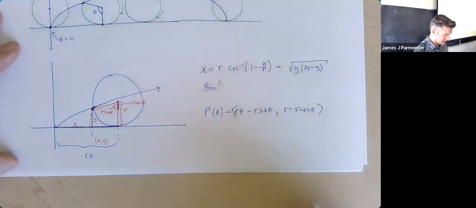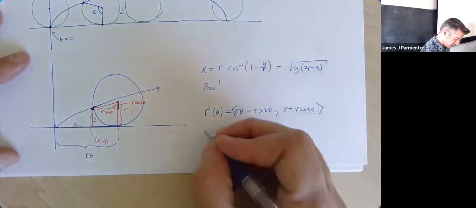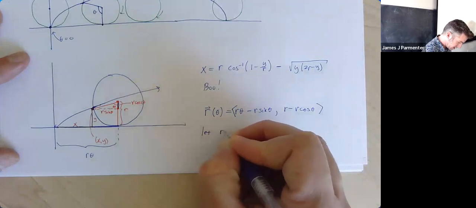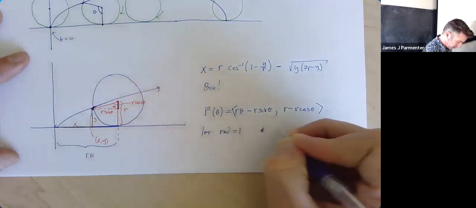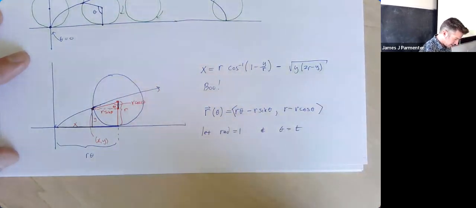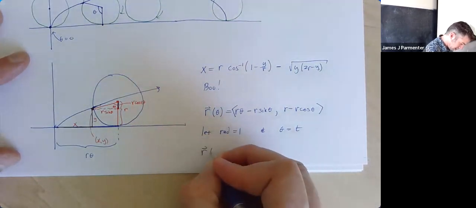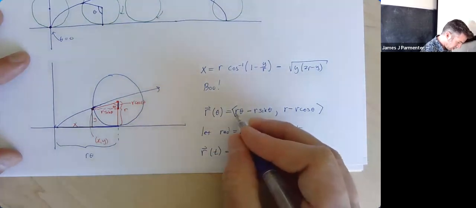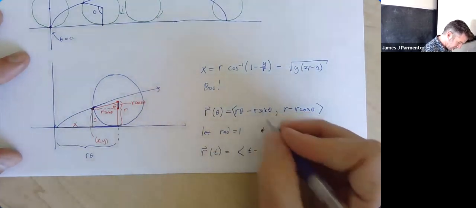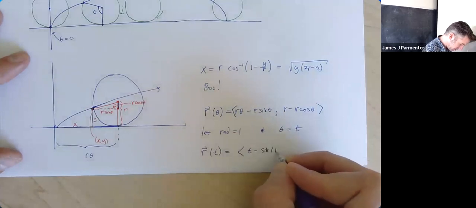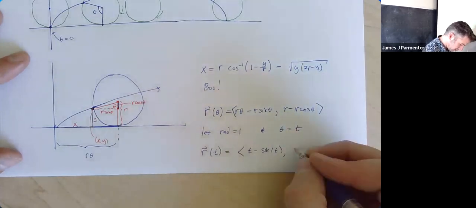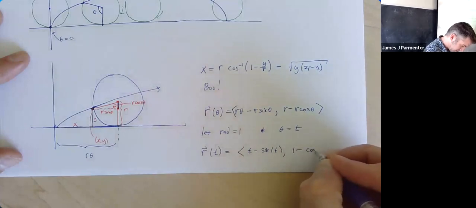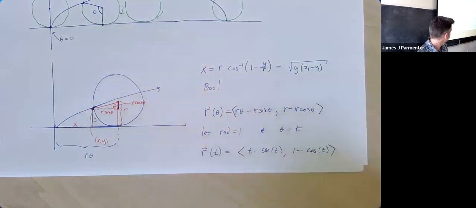Or to make this a little bit easier, what people typically do is let the radius equal 1, and replace theta with t, to say that the position after an angle of t is going to be 1 times t minus 1 times sine of t, comma, 1 minus 1 times cosine of t. So that's our position function as a function of time.